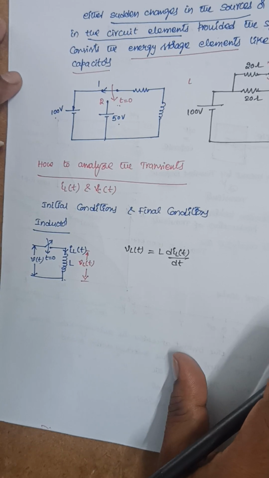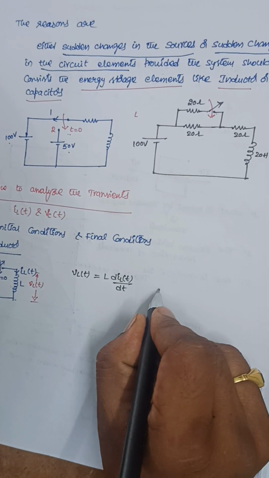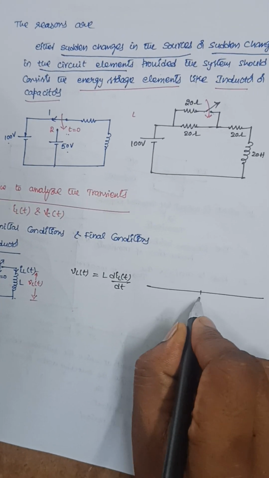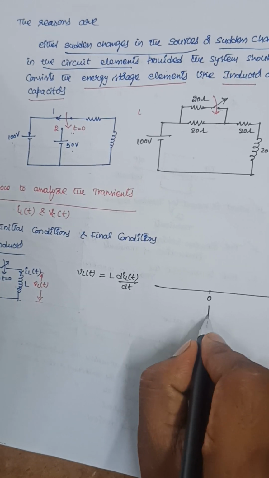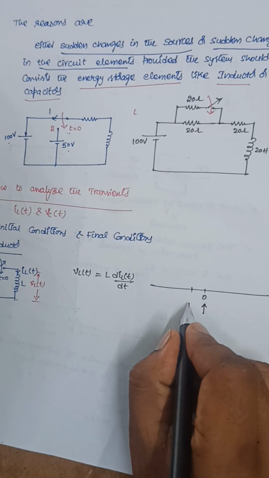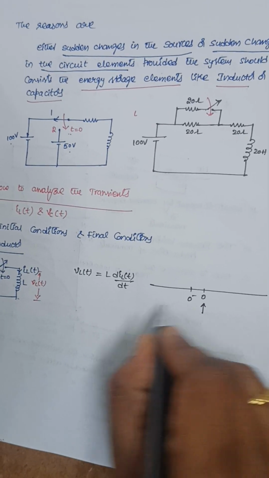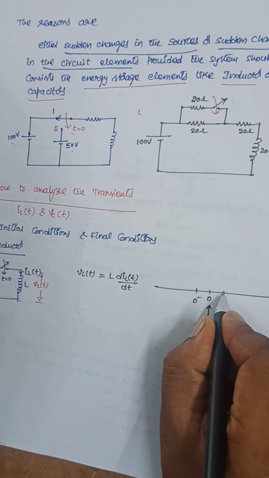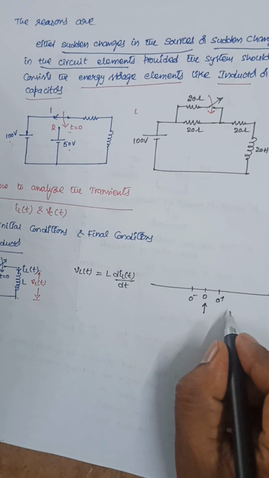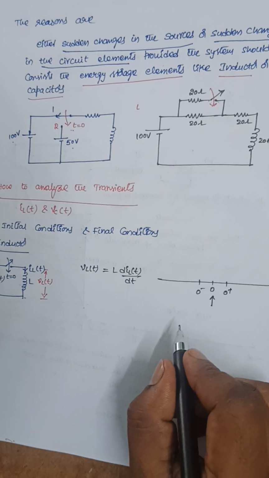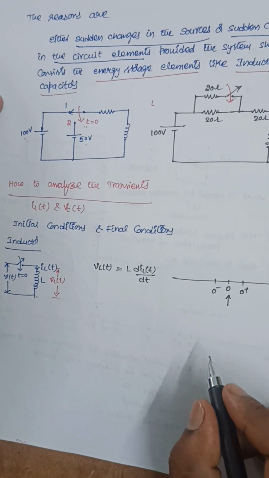Now let me take the time axis here. It is t equal to 0, at which the switching action is done. t equal to 0 minus is just before the switching action is done. t equal to 0 plus is just after the switching action is done.